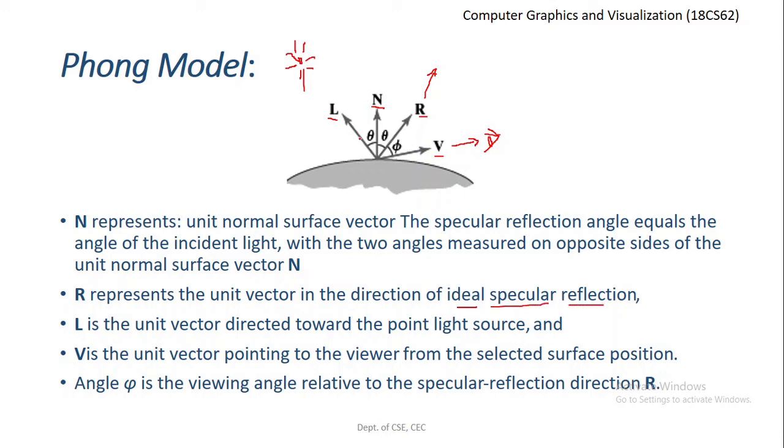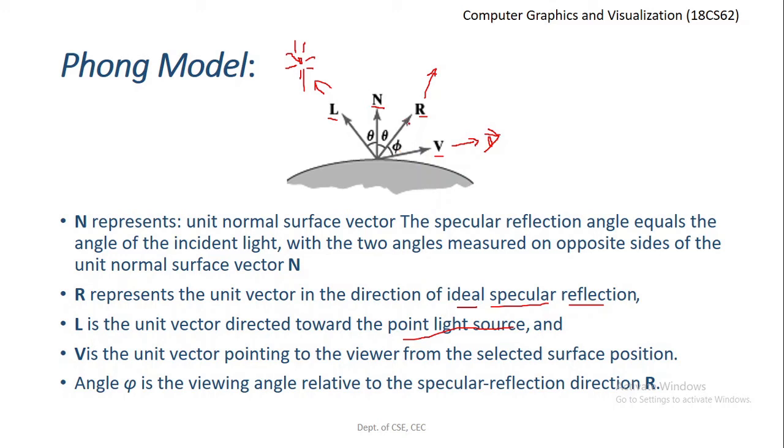Then we have the third vector, vector L, which is a unit vector directed towards the point light source, which is emitting light of a given intensity. This is the direction of the vector L. And then we have the vector V, which is a unit vector pointing to the viewer from a selected surface position. So this is from where we are going to view a particular point on a given surface. Now the angle phi is the viewing angle relative to the specular reflection direction r. So this angle phi we call the viewing angle relative to the specular reflection direction r.